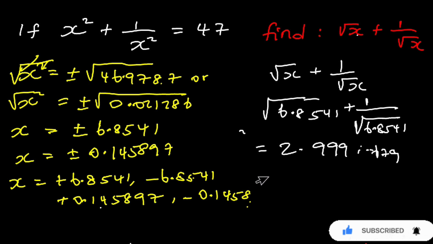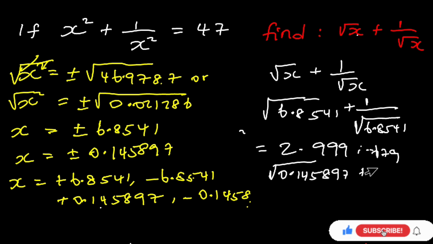When we do that, we are going to have root 0.145897 plus 1 over root 0.145897.